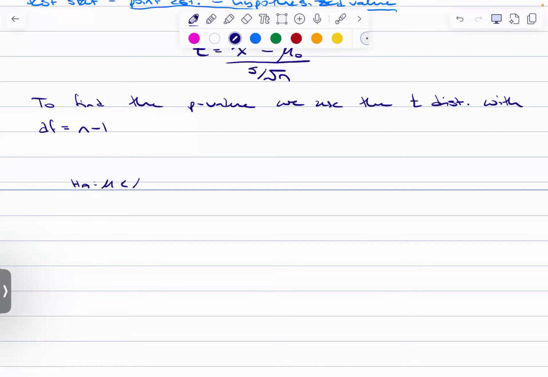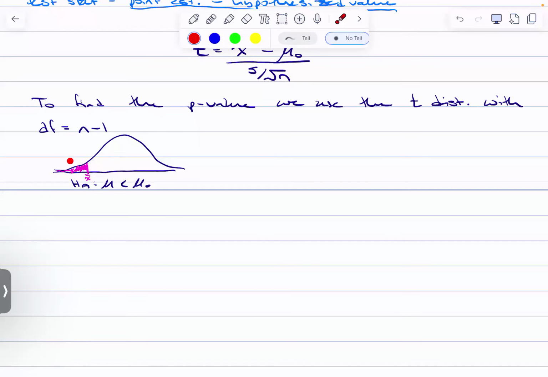So if the alternative is that mu is less than mu naught, I'll try to sneak it in on this one page, then my x bar would be here, and my one-sided p-value is the area to the left. Right? I can only use something that's smaller than my mu naught to prove that it's significantly smaller than mu naught.